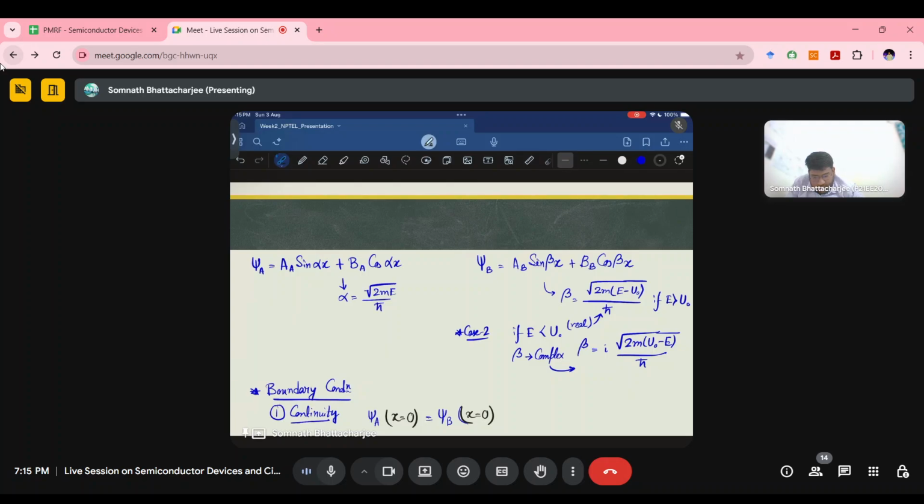So this should be the first boundary condition. Based on this, our second boundary condition would be continuity of the derivatives, that is nothing but del psi A by del x when x equals 0 should be equal to del psi B by del x when x equals 0.